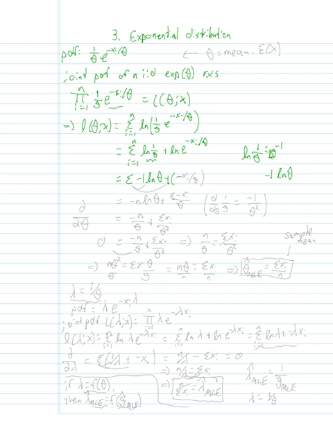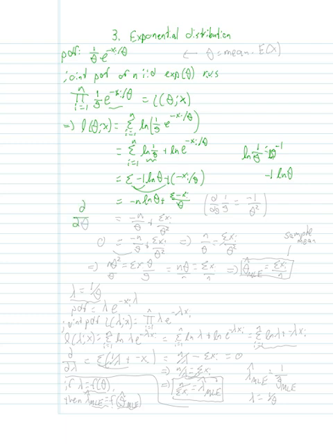So we have negative xi over theta, right? Before I take the derivative, I'm going to distribute in this summation. So we have negative n ln of theta plus sum of negative xi over theta, right?